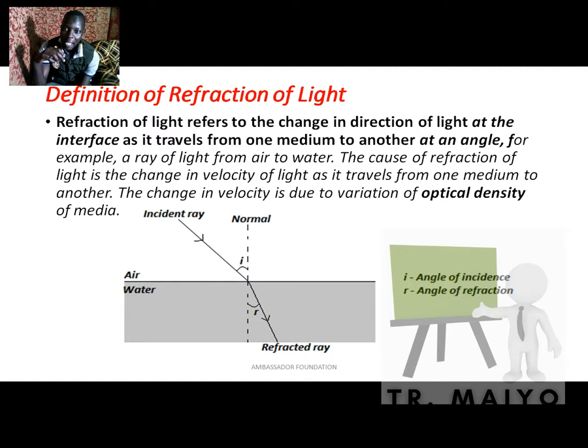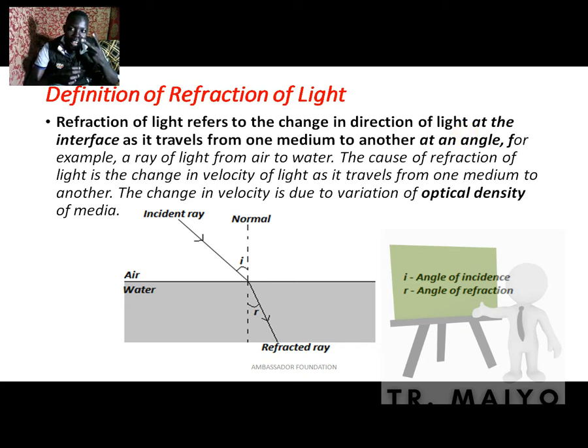They mix up the R and R, but no problem, we will understand. In such a scenario, we work with what you write, not what you say. So, refraction of light refers to the change in direction of light at the interface as it travels from one medium to another at an angle.